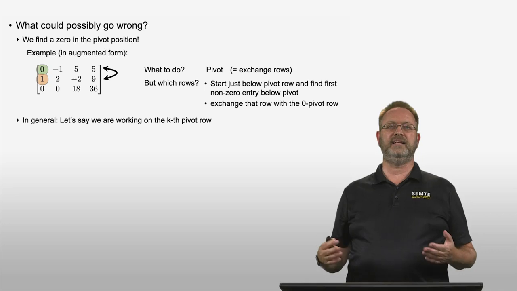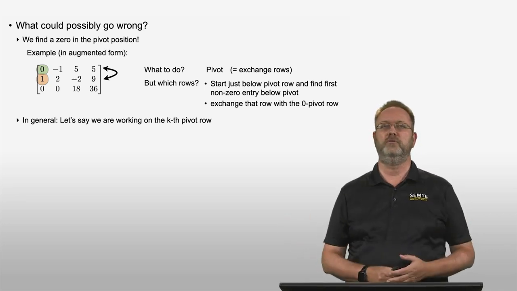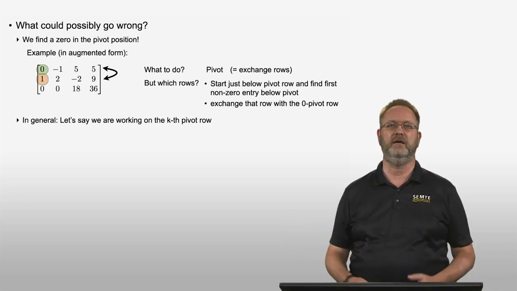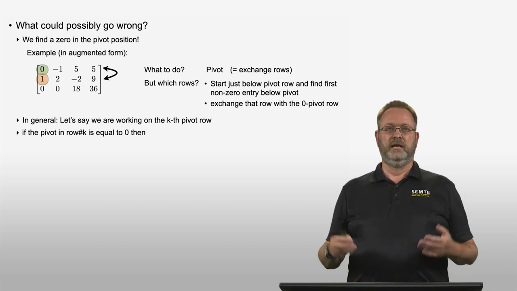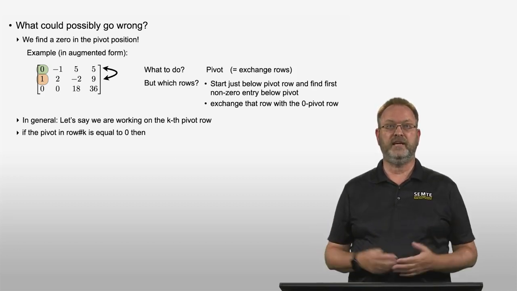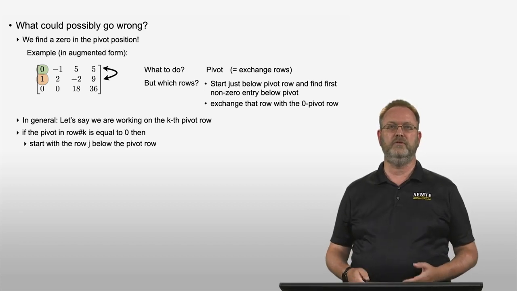In general, let's say we are not working on the first row, but on the kth pivot row. If the pivot in row number k is equal to 0, then what do we do?